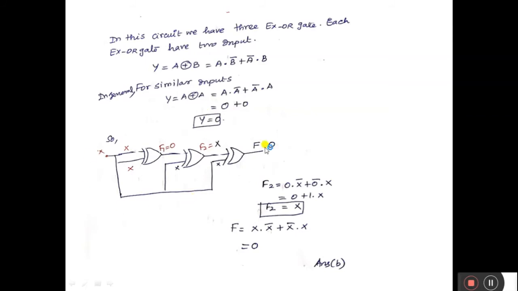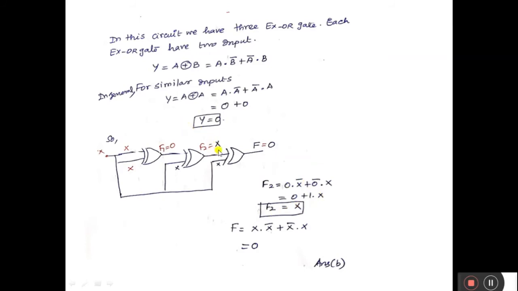Similarly, in our diagram, these two inputs are connected together and the given input is x. If I apply x here, both inputs are the same, so I get f1 equal to 0. Next, this 0 and x are applied to the inputs of the second XOR gate. Applying 0 and x in the equation, 0 x bar plus 0 bar dot x, 0 x bar becomes 0 and 0 bar becomes 1, 1 into x, so f2 equals x.